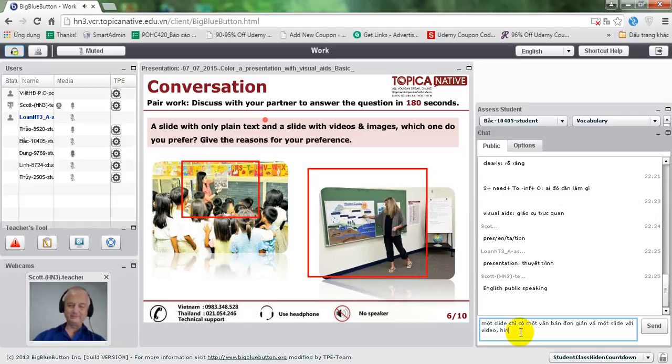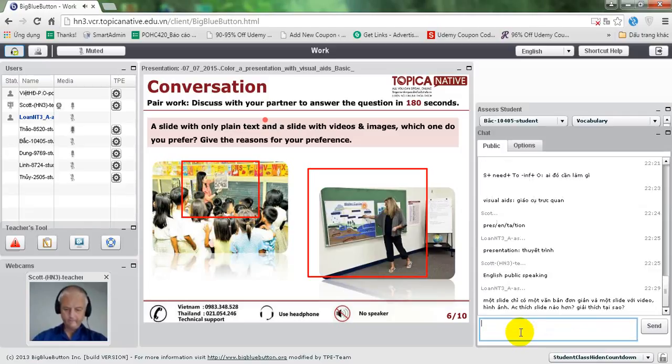I want to ask a question for you. A slide with only plain text and a slide with video and image. Which one do you prefer? I think I prefer the slide with only plain text. Why do you prefer the slide with only plain text? Because it's easy to make and I can get information from it.